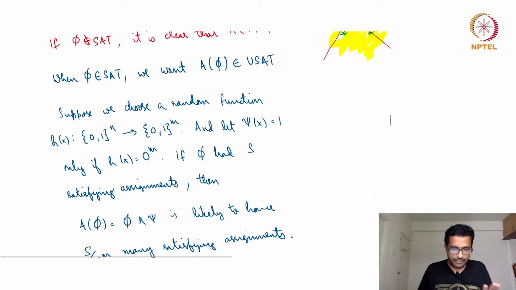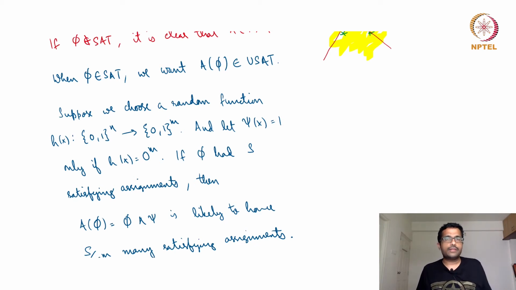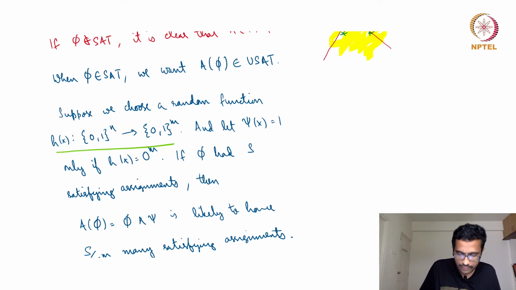Okay, so this is just a high level intuition. Now we will see the more formal parts of the proof. What we will set psi to be, we want it to be a random function, a randomly chosen Boolean formula, which we will derive from a random function. So psi will be derived from a random function h.